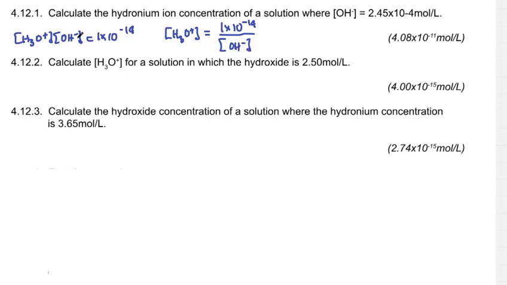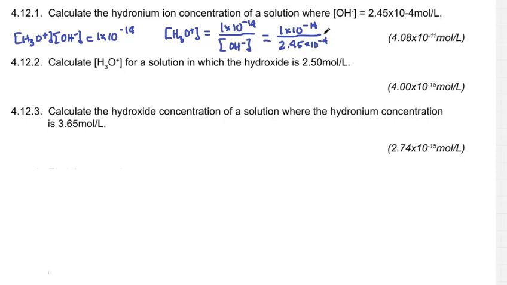If we were looking for OH, we would divide both sides by H3O. So either way, it's the ion you want to find equals 1 times 10 to the minus 14 divided by the ion you already know. So in this case, we do 1 times 10 to the minus 14 divided by 2.45 times 10 to the minus 4 for the hydroxide concentration.